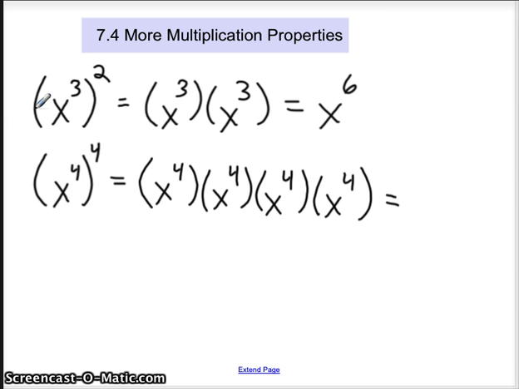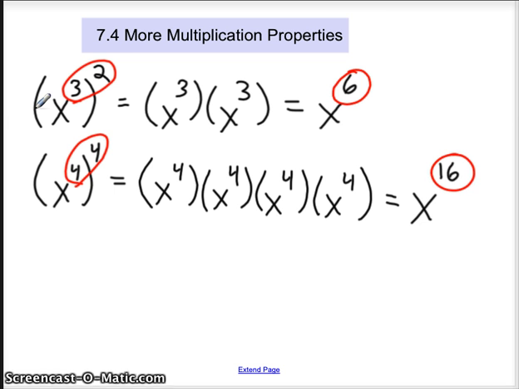So when we write that out, x to the 4 four times, 4 plus 4 plus 4 plus 4 gives us x to the 16. I'd like you to consider what's happening here. We have a 3 and a 2, we're getting 6. We have a 4 and a 4, and we're getting 16. We'll come back to this, but I want you to start thinking about what pattern is happening here, all right?